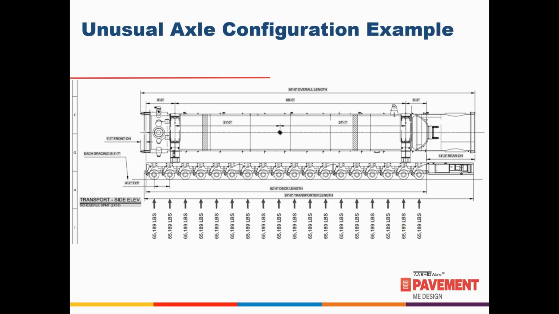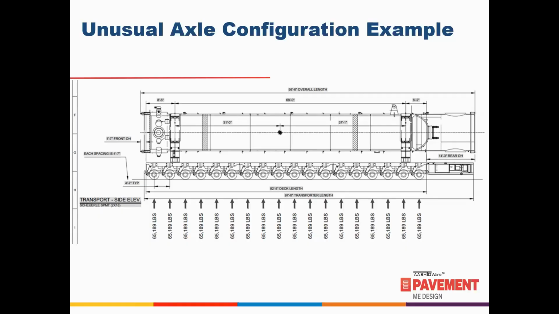So any way you compile or aggregate these axles, you're still going to be way over what's available within the bin. Obviously for a single axle, 65,000 is way over 41,000. If you combine two axles and call it a tandem axle, that'd be 130,000 pounds, way over 82,000.